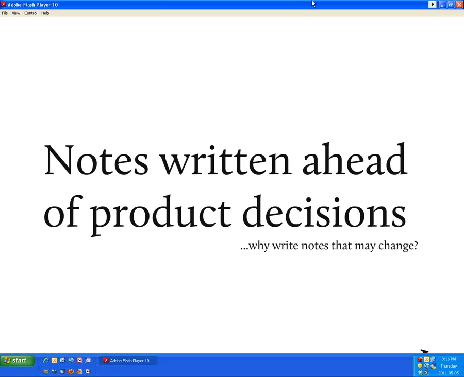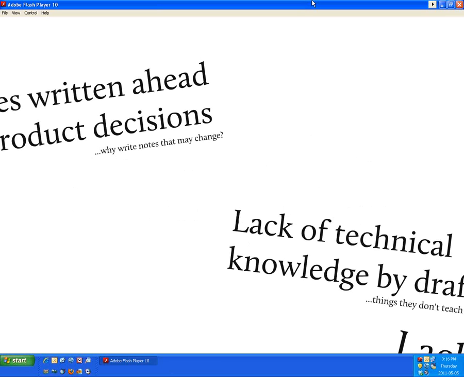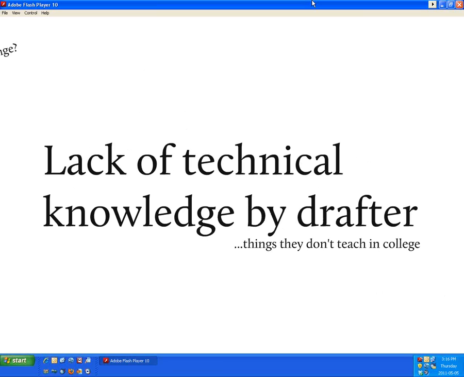Let's go on to the next one. Lack of technical knowledge by the drafter. I'll tell you, anytime I see the term brake metal, where brake is spelled B-R-E-A-K, I know that the drafter probably thinks that brake metal is some special alloy like pot metal or Muntz metal or something, and does not realize that it means brake formed sheet metal.